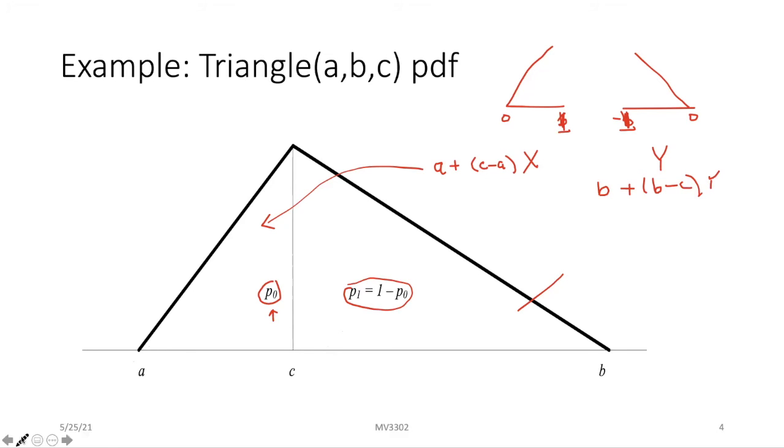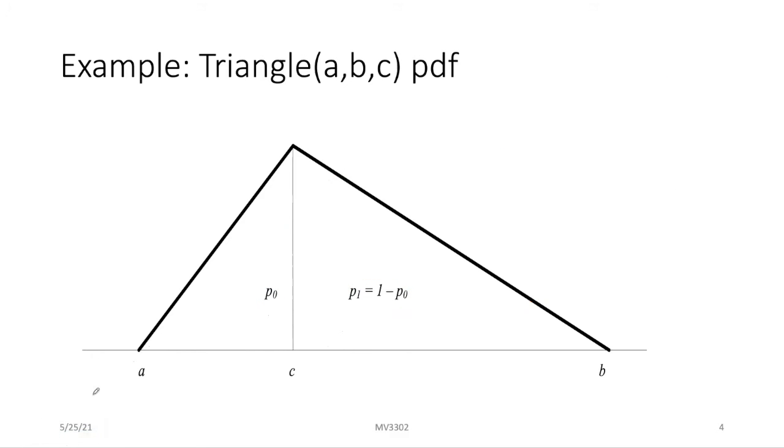So let's see what that looks like. Let's get rid of all this nonsense here. So let's erase that and just sort of see what's going on. Okay, so our total PDF is this dark line here. What's the area under that curve? It has to be 1. That's what a PDF is.